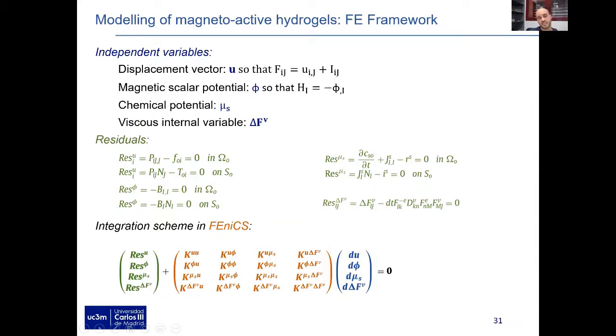In that sense, our idea was to introduce the increment of the viscous part of the deformation gradient as an internal variable, so as an extra degree of freedom. Then we put it together within a residual that is imposed in the general form of the viscous flow rule.